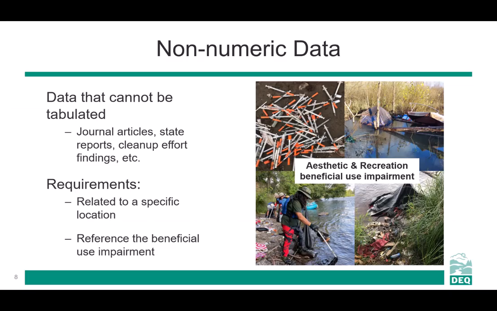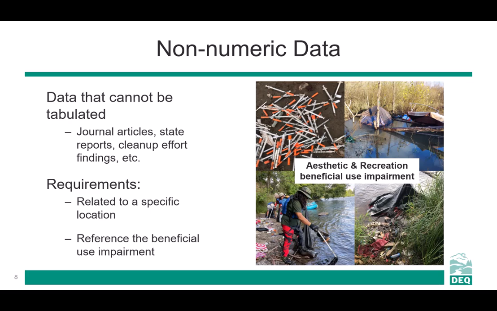One data type that our templates don't cover is non-numeric data. This type of data cannot be tabulated in a spreadsheet. For instance, journal articles, state reports, or findings from cleanup efforts as shown in the pictures on the right. A couple of requirements if you plan to submit non-numeric data. The data must be related to a specific location so that we can attribute the data to an assessment unit.